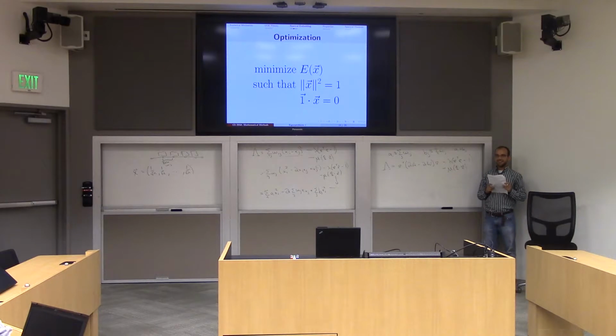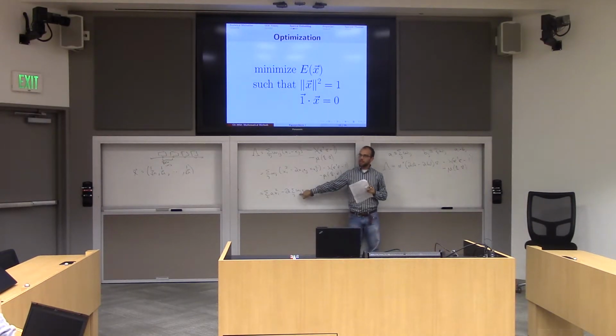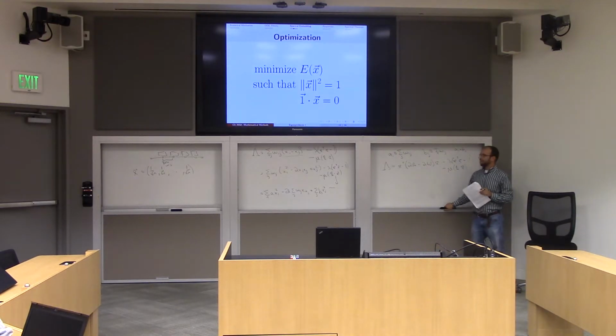Everybody see what I did there? Because this thing looks like the sum over i and j with the W on the inside. By the way, your homework problem 3 is going to use a very similar trick. Cool. Well, this looks like a thing that we can differentiate, set equal to 0 and solve.